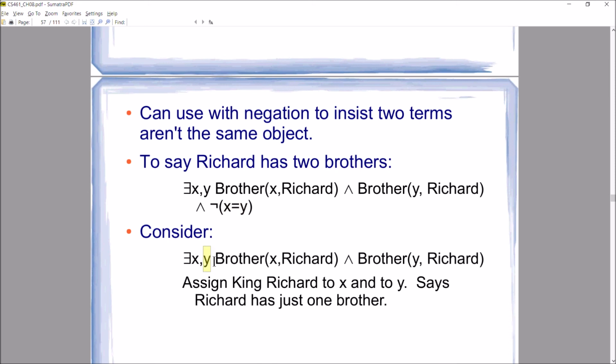So then this whole sentence would say, well, King John is the brother of Richard, and King John is the brother of Richard. Well, both those things are true. So then this whole thing would be true. And so you're saying, well, there's just one brother in that case, because it would make the entire thing true. Since we left out this piece right here, we didn't require that they're not the same person. We just said that King John is Richard's brother twice. Okay, fine, true and true is true.